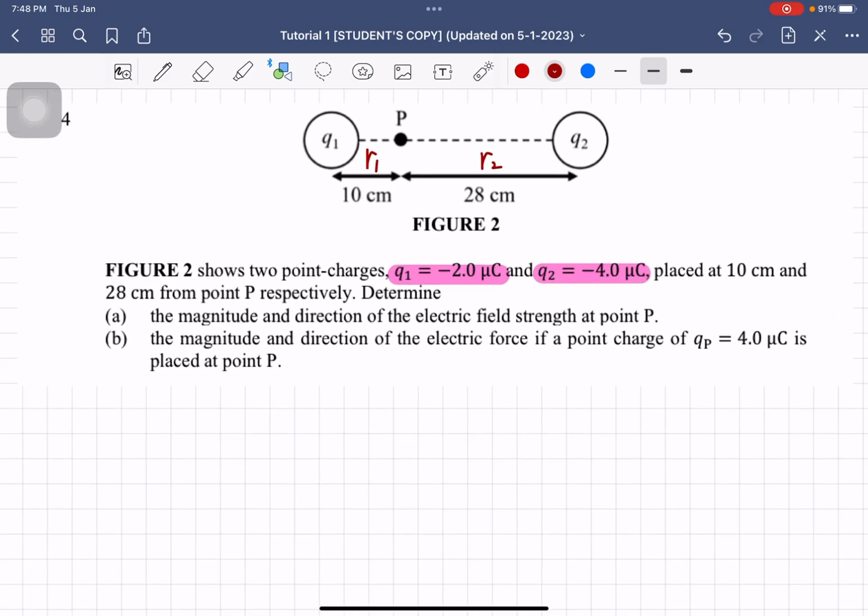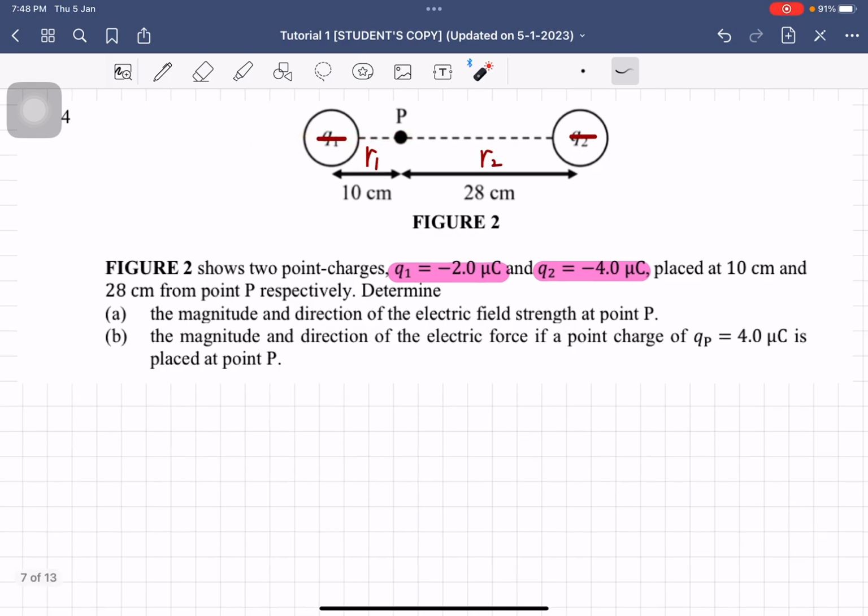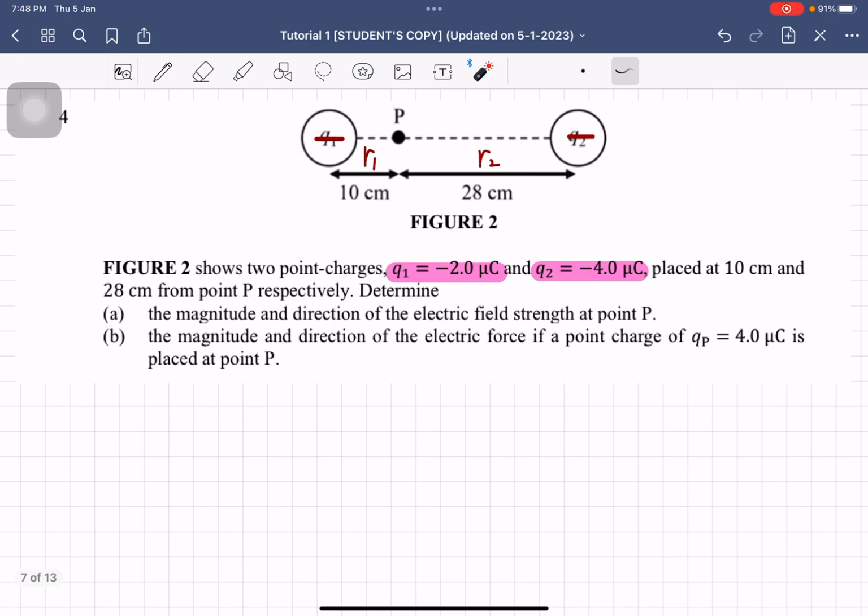So remember, for a positive charge, oh wait, this is a negative charge, this is also a negative charge. So for a negative charge, the electric field will be going into the charge. So if it's this way, it's going to be into the charge. Like this.